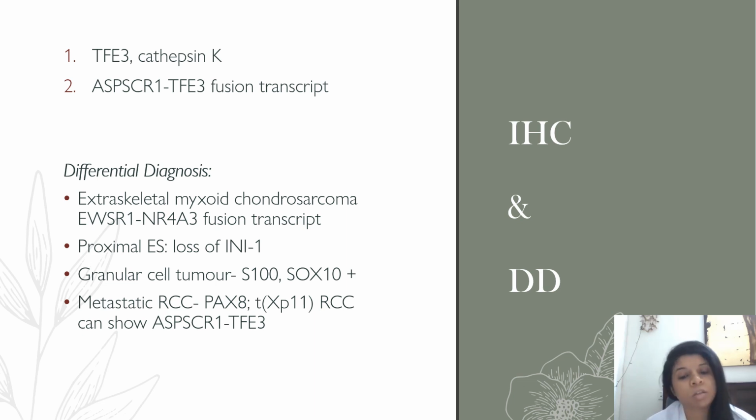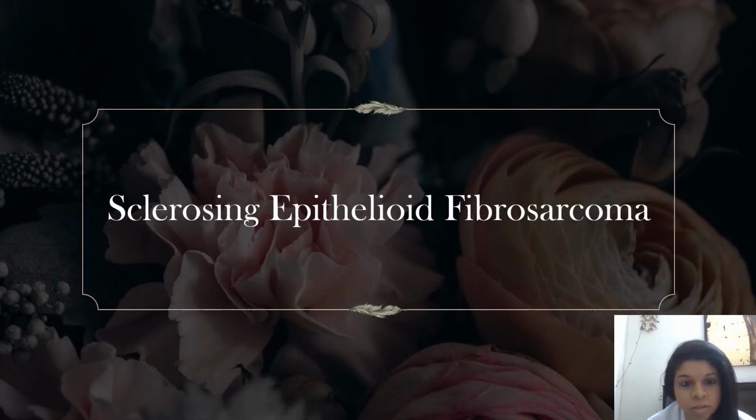So that type of RCC shows even this fusion transcript. How do you differentiate this tumor from RCC? By putting PAX8 IHC, which will be positive in RCC and negative in ASPS.